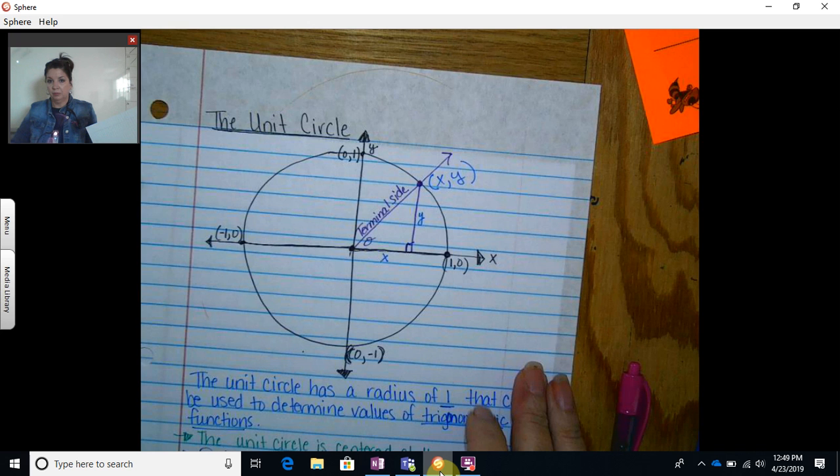Another thing we need to know is the length of the hypotenuse formed in the unit circle. Here's my unit circle. Here's the triangle that I've formed. The terminal side in this case is the hypotenuse. What's the length of the hypotenuse?